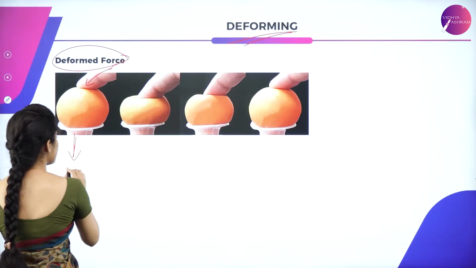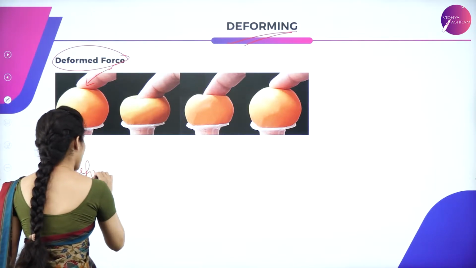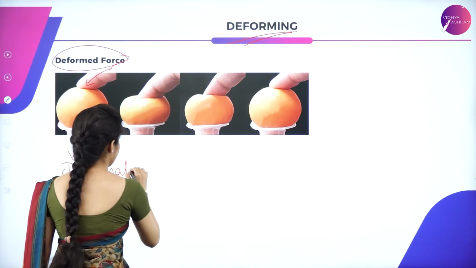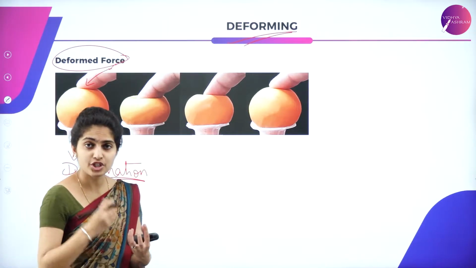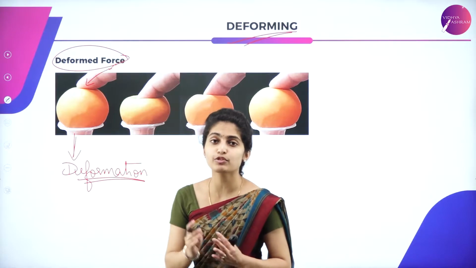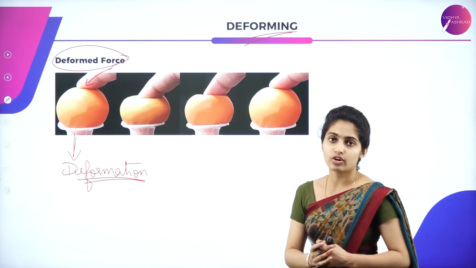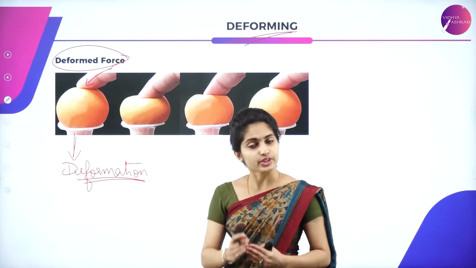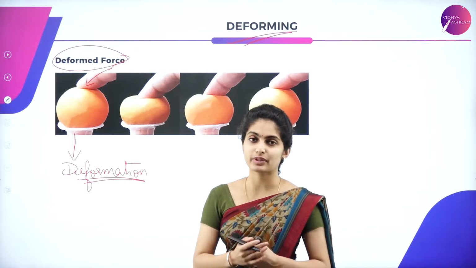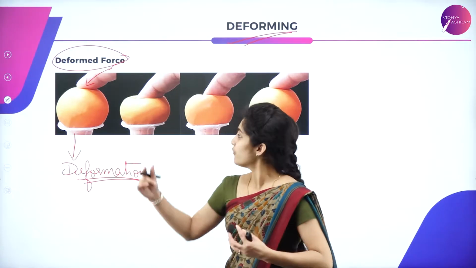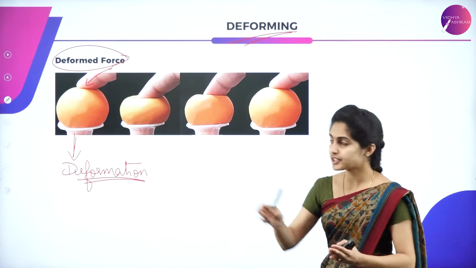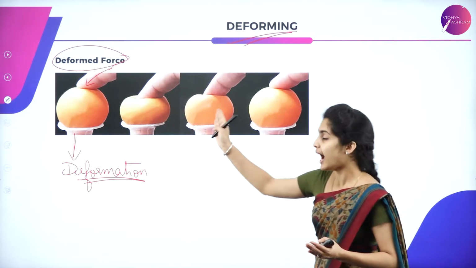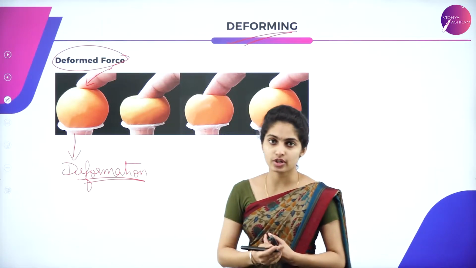So, this object is undergoing deformation when an externally deformed force is applied on a solid object. Okay, so this kind of a procedure is said to be a deformation. So, whenever you apply deformed force on an object, it undergoes change in shape and it comes back to the original position.